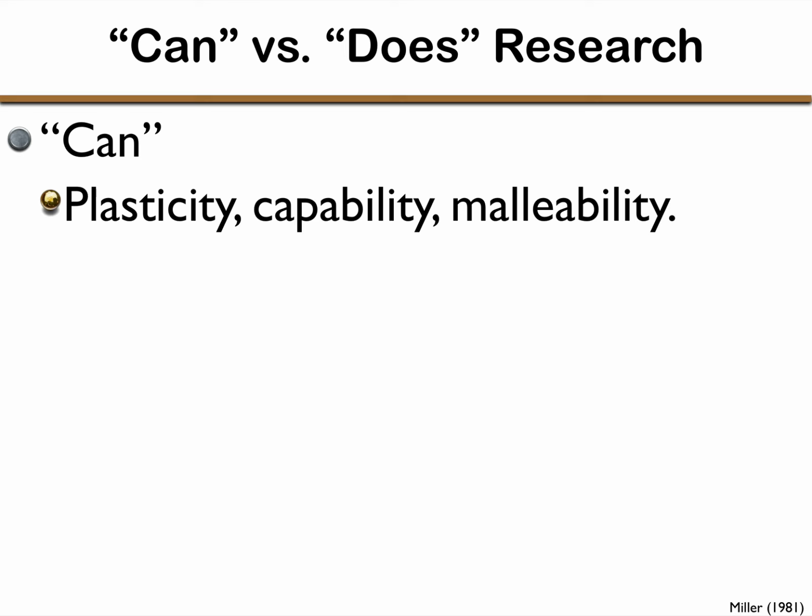And that's fine. It's really interesting to study plasticity. But it's really important, I think, to keep that distinct from the actual does type questions. Do animals learn things by operant conditioning on a daily basis in the real world?